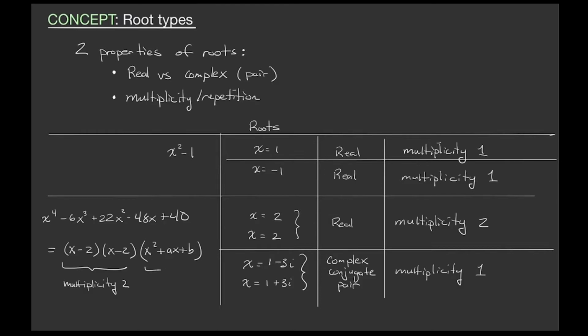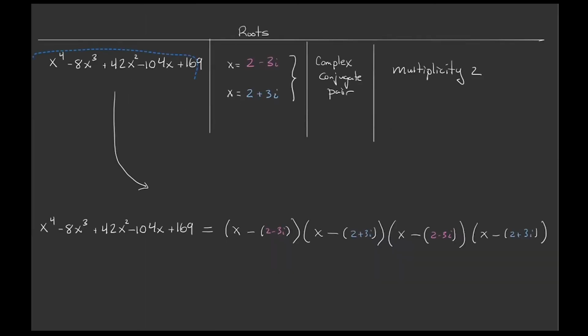And then it's from this part that we get 1 minus 3i and 1 plus 3i. We'll say that complex conjugate pair has multiplicity 1. The pair only appears one time. But again, remember, if a complex number appears, so does its conjugate when we're talking about them as roots. Looking at another example, we have this polynomial, and if you factor it, you have one factor that's x minus 2 minus 3i, and then you have that same thing again.